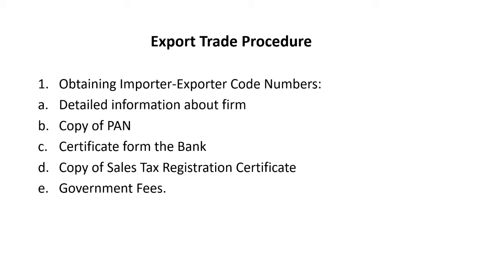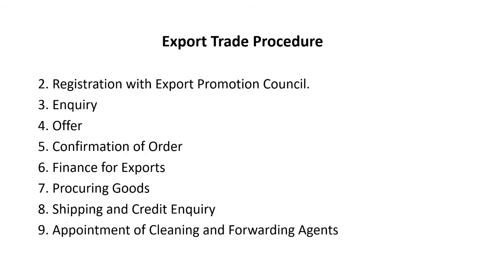The documents are detailed information about the firm, copy of the PAN, that is the permanent account number, certificate from the bank, copy of the sales tax registration certificate, government fees, et cetera. The second one is registration with Export Promotion Council.